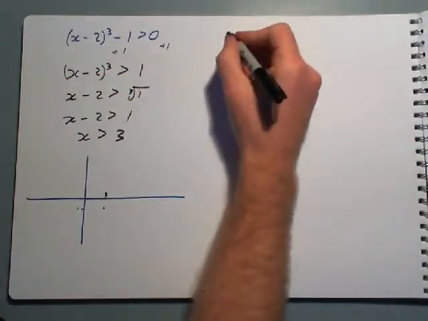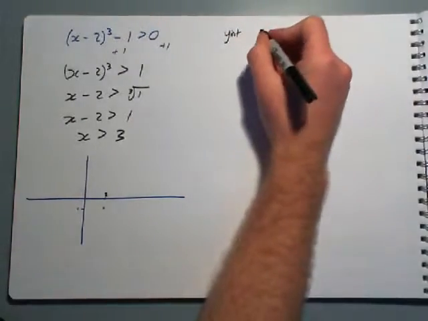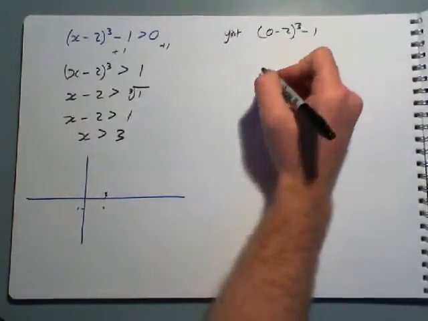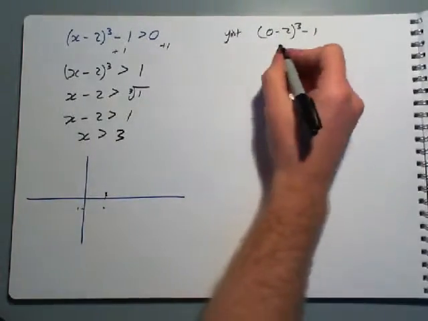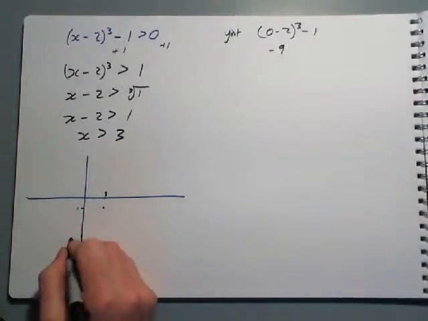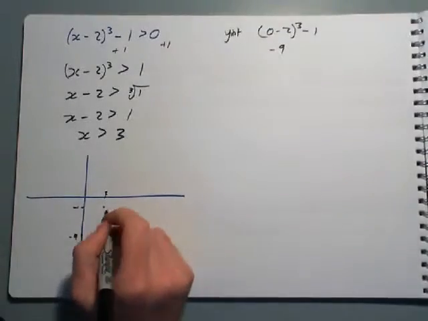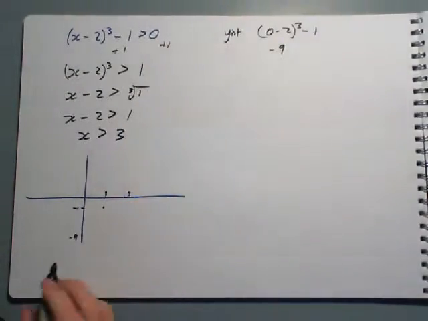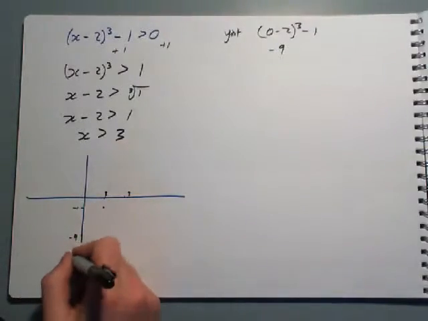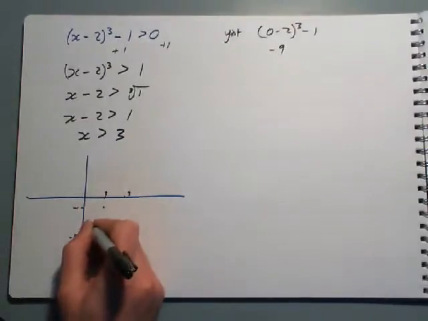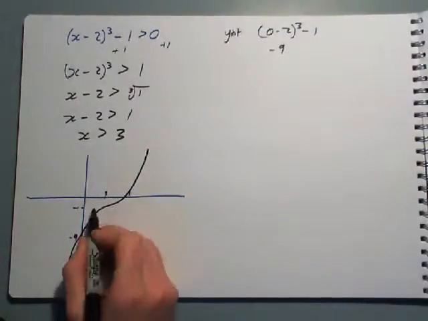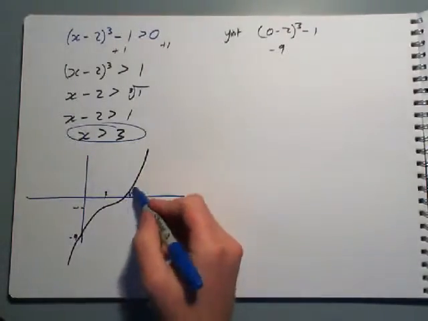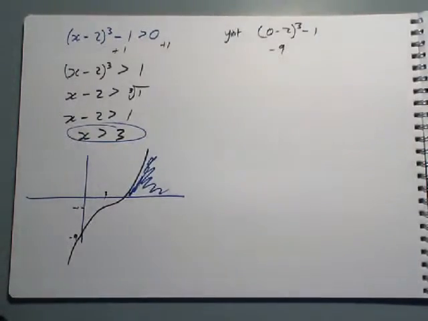And we're going to have a y-intercept when x is 0, so (0 - 2) cubed, minus 2 cubed is minus 8, take 1 is minus 9, so it's going to go down here at minus 9. Now the x-intercept would be when y is 0, so we've actually solved it here, so it's at 3. So the graph should look something like this. Okay, stationary point of inflection, it's not very good, but that'll do, and we solved for the values for which x is greater than 3, so it's all these values here. So that's on a graph.